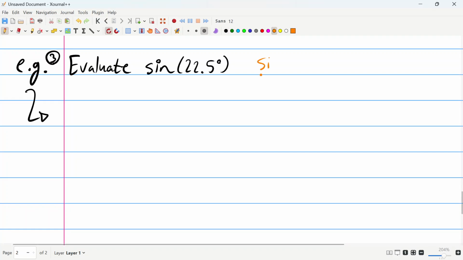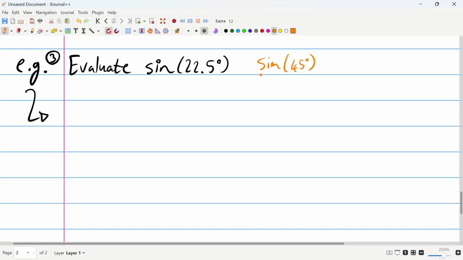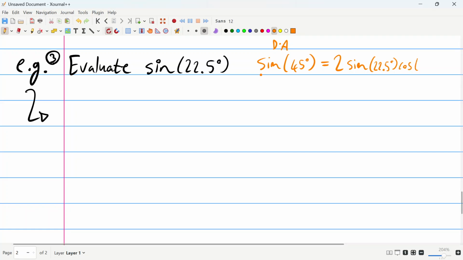So if we're looking at the double angle of sine, the double angle for this one would be 45 degrees. The reason why I'm saying 45 degrees is because it's 2 times 22.5. So this is the double angle, okay? The double angle over here, and then the other side is the other side. So double angle of sine is just going to be 2 times sine of 22.5 degrees times cos of 22.5.